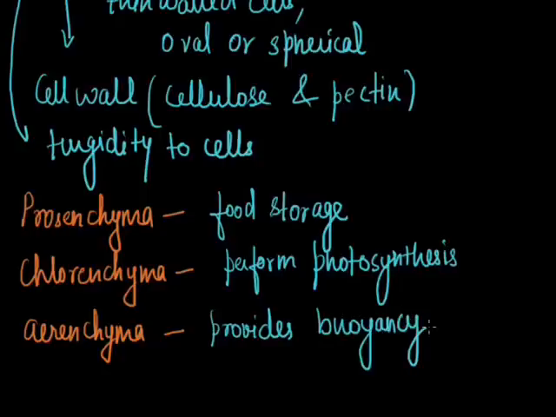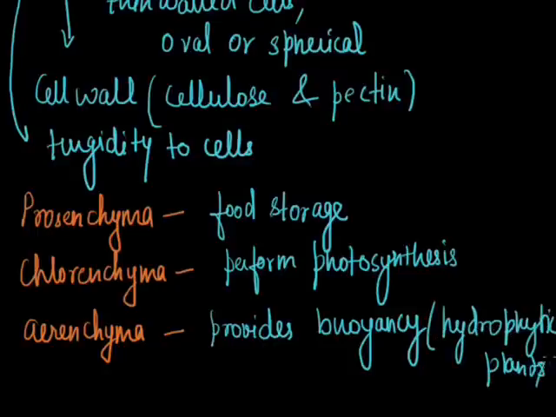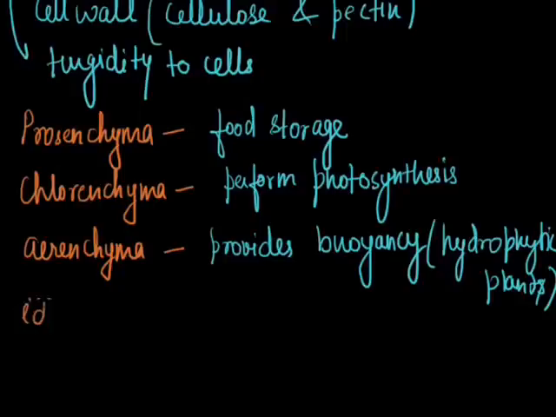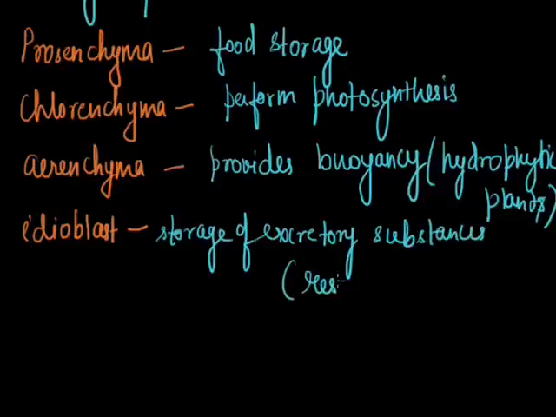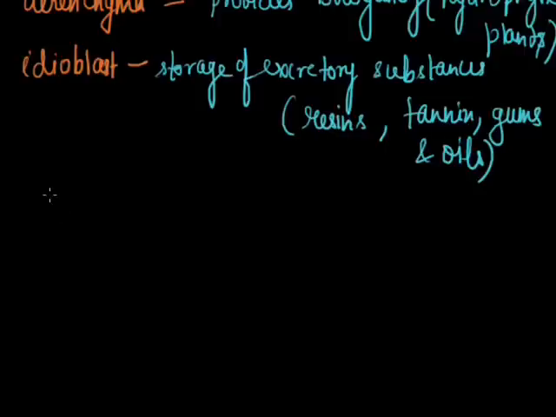And basically it is present in aquatic plants or hydrophytic plants. And the fourth one is idioblast. It stores excretory substances such as resins, tannins, gums and oils. So after parenchyma, we are going to discuss collenchyma, the second supporting simple tissue.